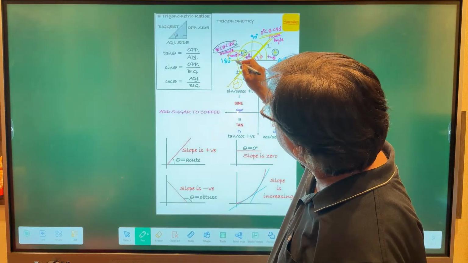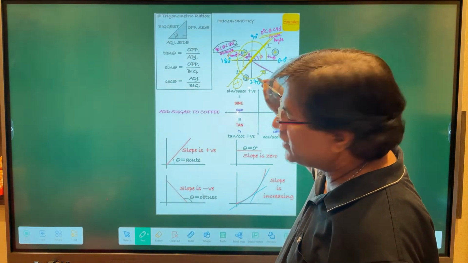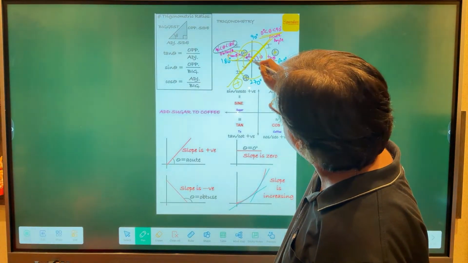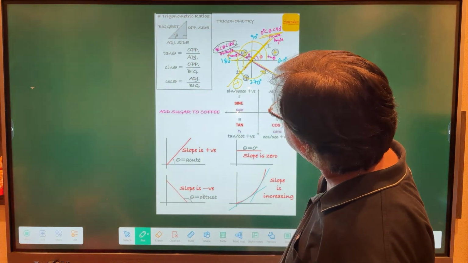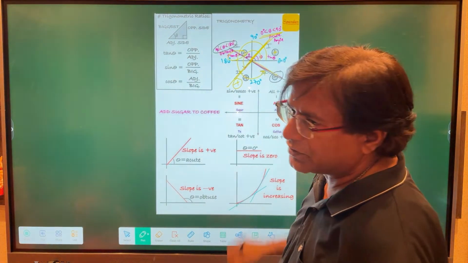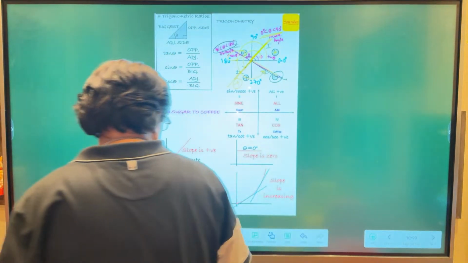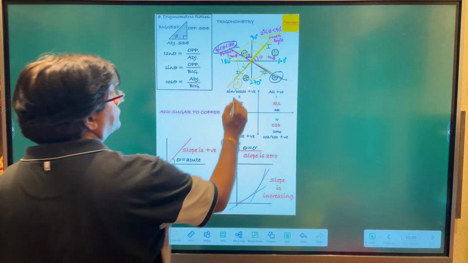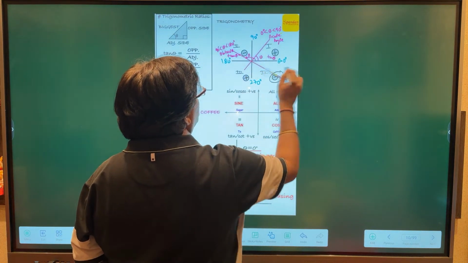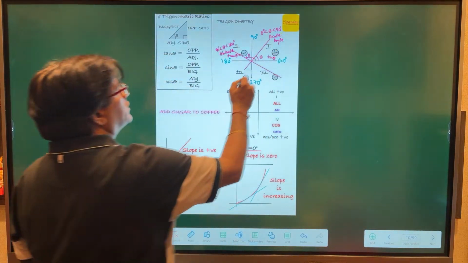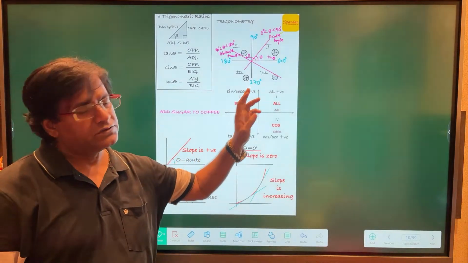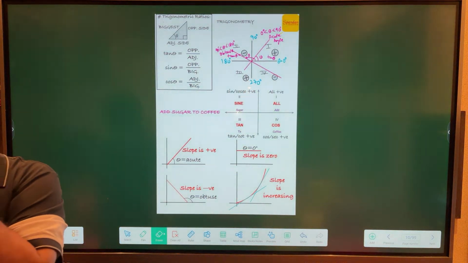Here the angle is between 180 to 270. Here the angle is between 270 to 360. This line is basically an extension of the second quadrant line, so it will again be negative. Understand? Thus tan theta values will be positive in the first and third quadrant angles, and tan theta will be negative for second and fourth quadrant angles.